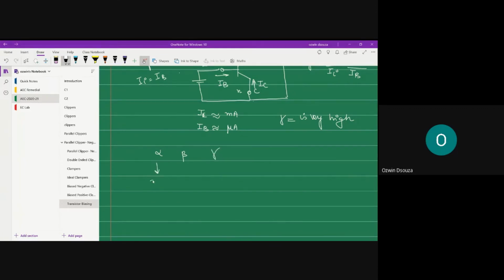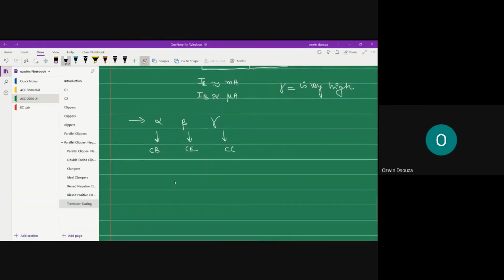Alpha for common base, beta for common emitter, and gamma for common collector, CC. Since you are getting different current ratios, different Greek letters have been used to denote them.